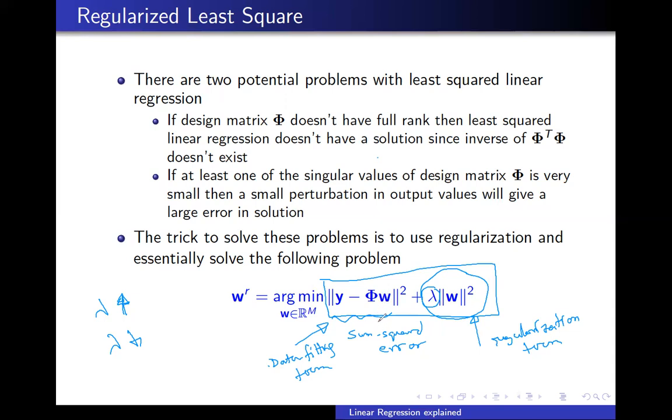So you are trying to minimize the data fitting term, that is, fit your data as well as possible, at the expense of the norm of W being very large. So this regularization parameter lambda is a trade-off between how well you fit your data versus how large the norm of the solution vector W could be. Okay. All right.